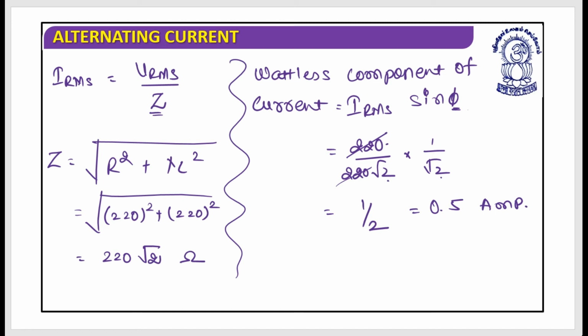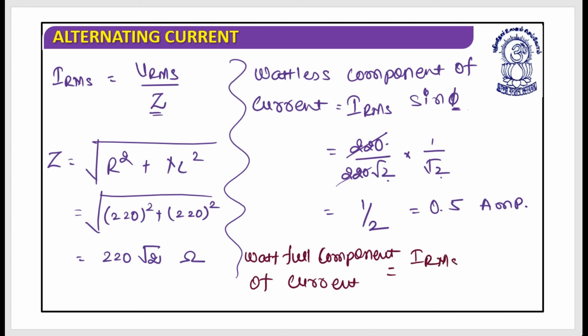Now let's calculate the watt full component of current. It's IRMS cos phi.